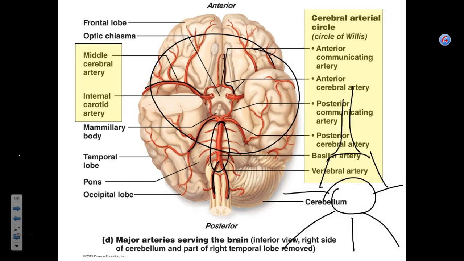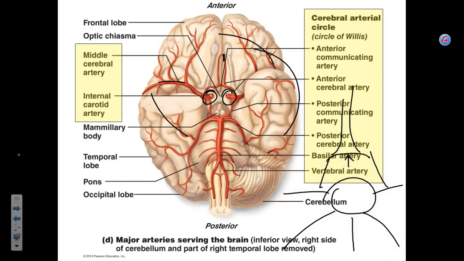Now, the anterior cerebral arteries are connected by the anterior communicating, and these are posterior communicating. Does that make sense? The middle cerebral artery is the continuation of the internal carotid. Here you can see that part of the internal carotid artery that is cut.